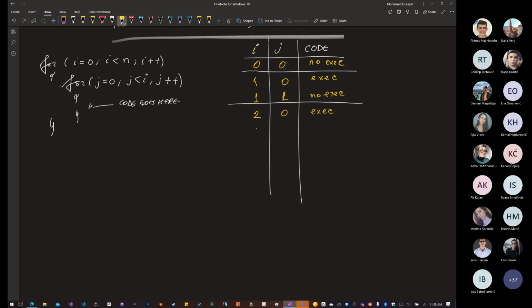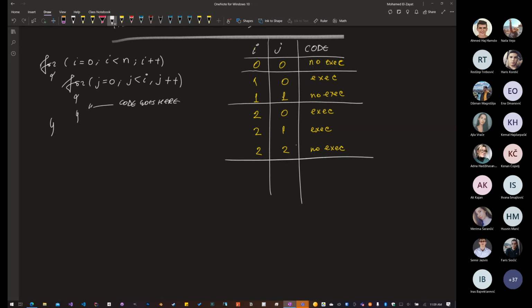J will increment in the loop again, so we incremented by 1, and we have an execution. Still I equals 2 because we are still stuck here. Then J equals 2, and 2 is not less than 2, so we have no execution.